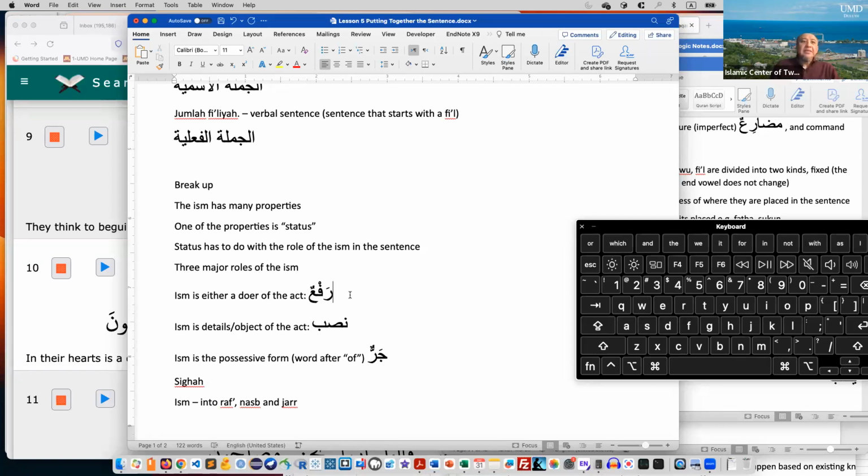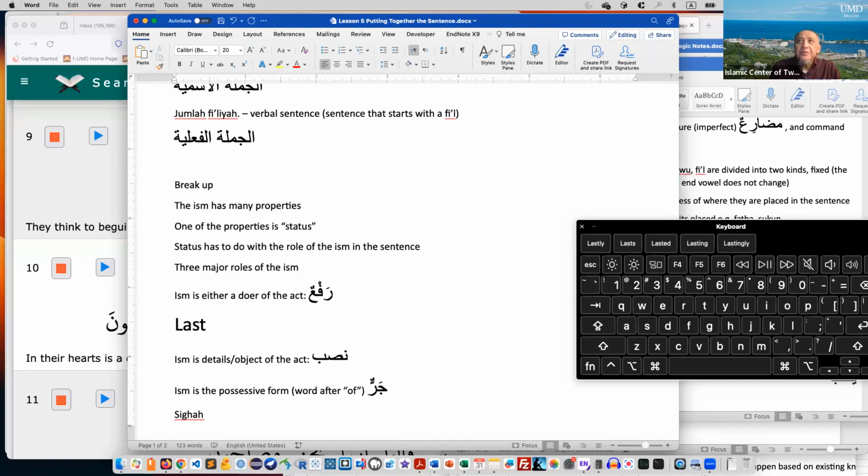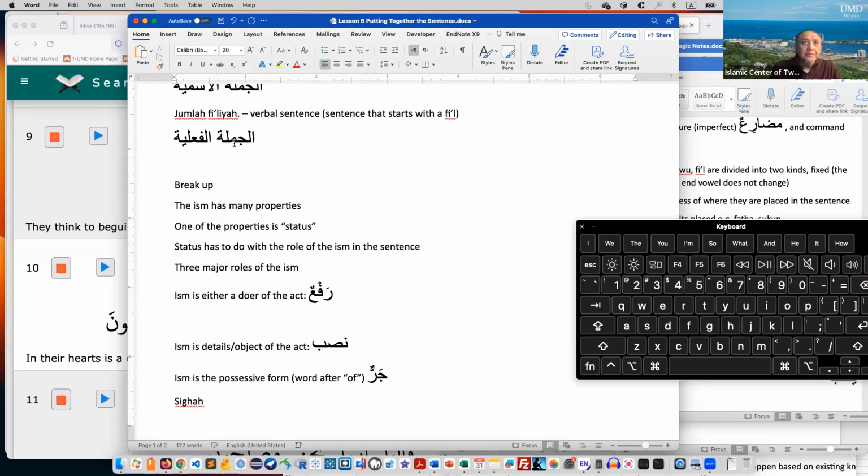Now let's look at how you know which one is raf'un, which one is nasbun, which one is jarrun. I'm going to give you three simple rules. We'll add to these rules next time, but just add these first. You know that the word is raf'un when the last letter has a dhamma.